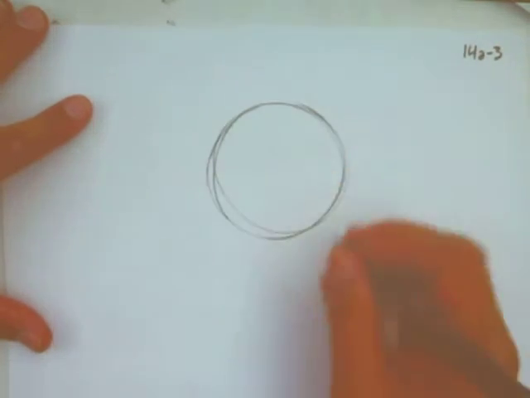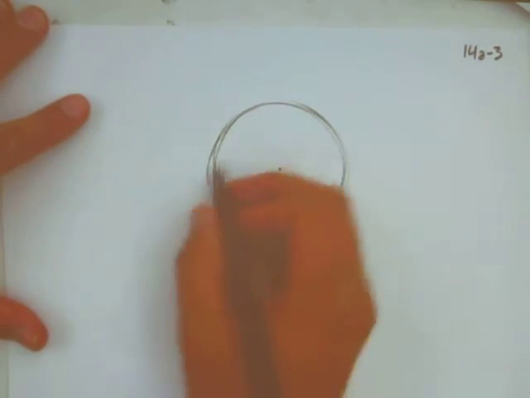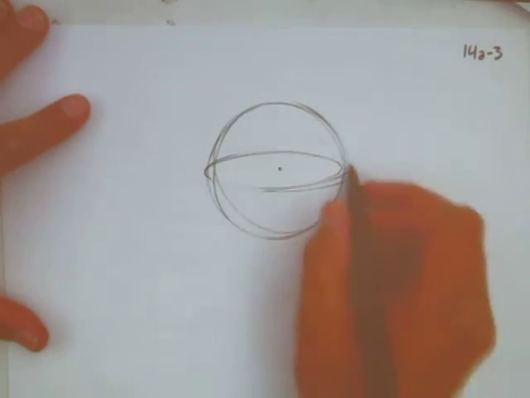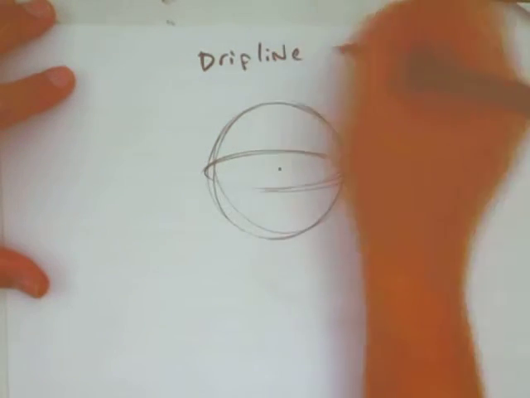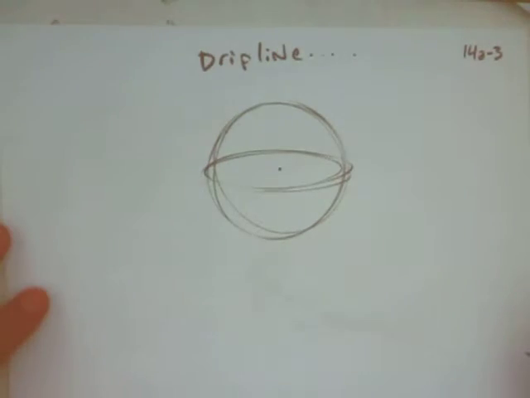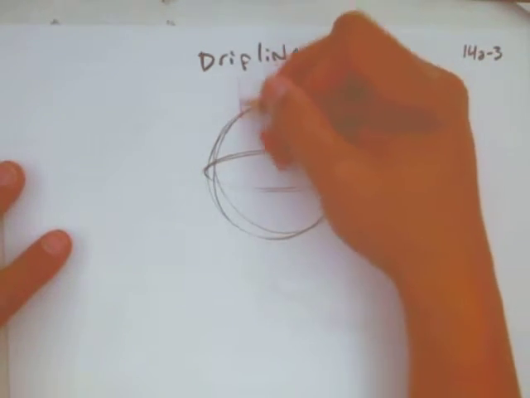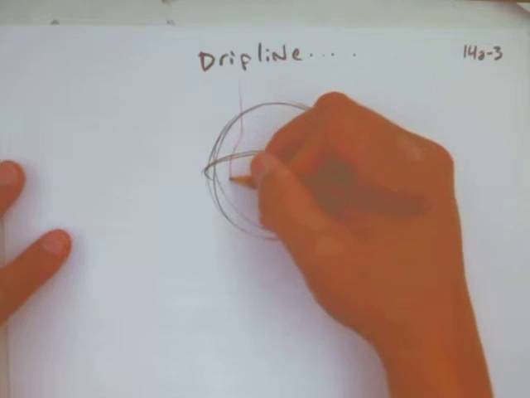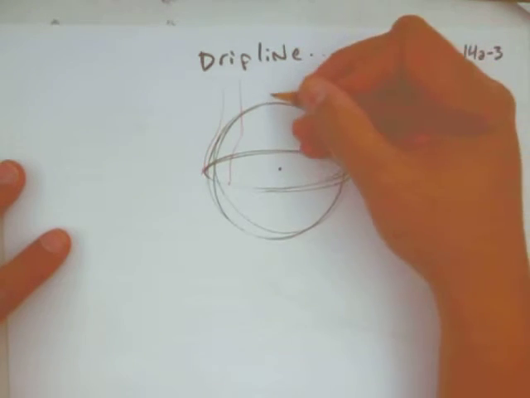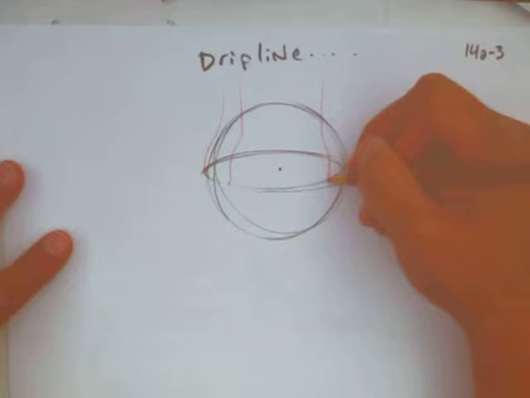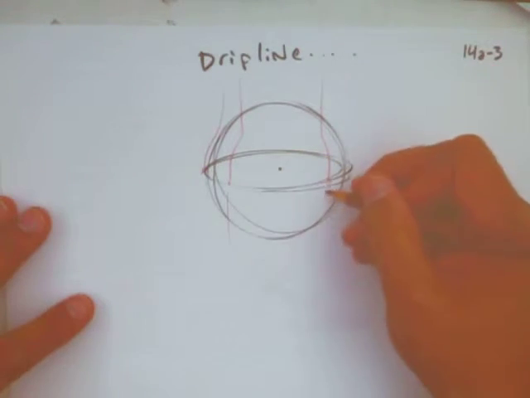So this one will be a quick one. With the drip line, what I want you to imagine is that there's something dripping onto your sphere, hitting it, rolling across the surface, and then magically, when it hits the equator, it drops straight down.